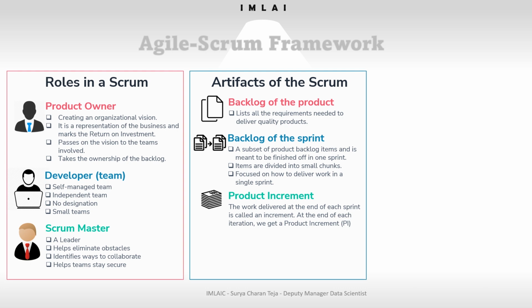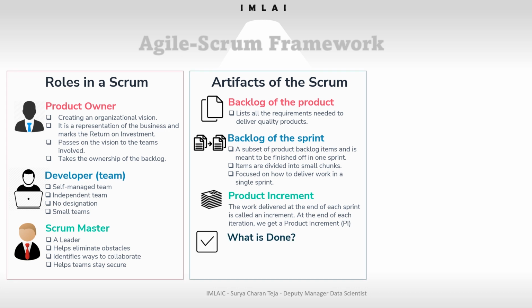At the end of each iteration, we get a product increment, PI, that promises to deliver value, and in the end, we get our required product.